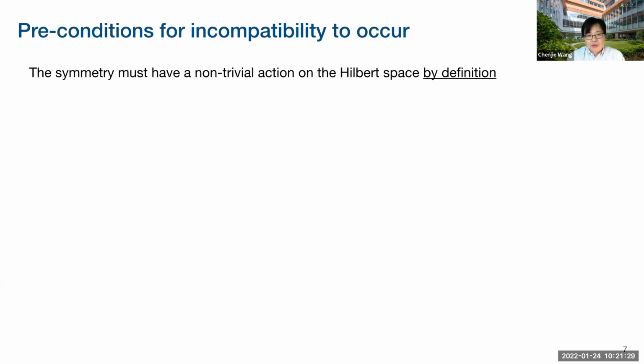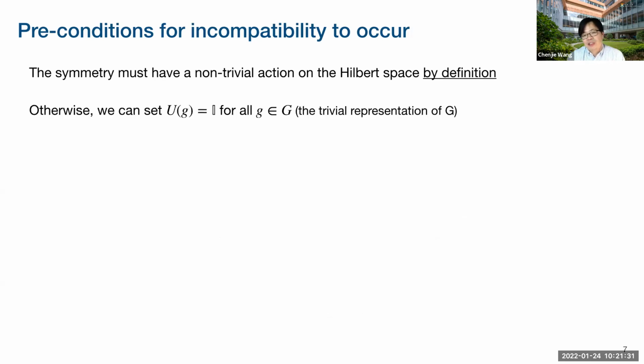Because if by definition there's no non-trivial action, then we can always assign a representation of that symmetry in the Hilbert space as an identity, even though it's a rather trivial symmetry action. But it at least shows that you can find one state where the symmetry acts rather trivially. Then it's a symmetric state, so it at least shows that they are compatible.